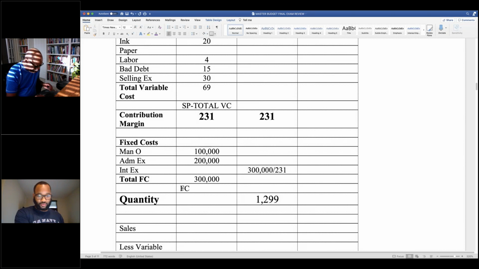So fixed costs minus 100,000 divided by 231.